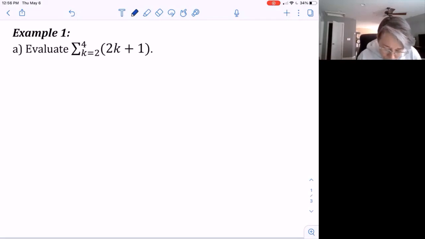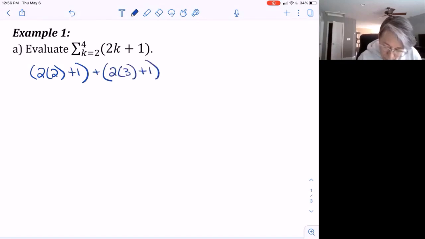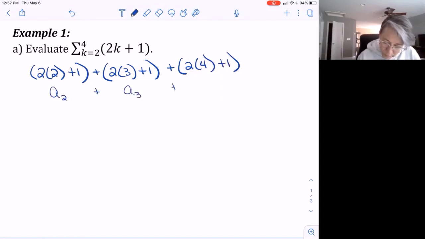Our first term would be 2 times 2 plus 1, added to 2 times 3 plus 1, and then added to 2 times 4 plus 1. Basically it's telling us to use the second term plus the third term plus the fourth term.